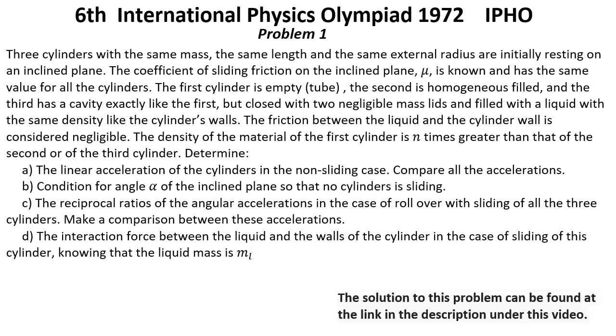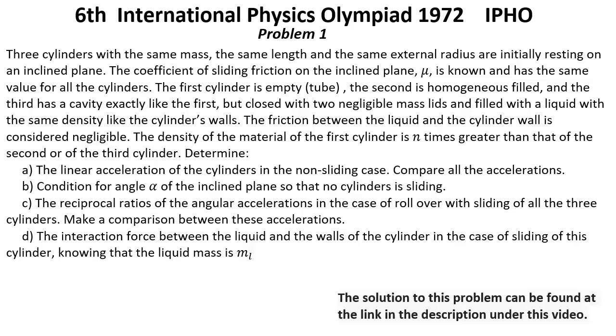The first cylinder is an empty tube. The second is a homogeneous filled cylinder, and the third has a cavity exactly like the first, but closed with 2 negligible mass lids and filled with liquid with the same density as the cylinder's walls.